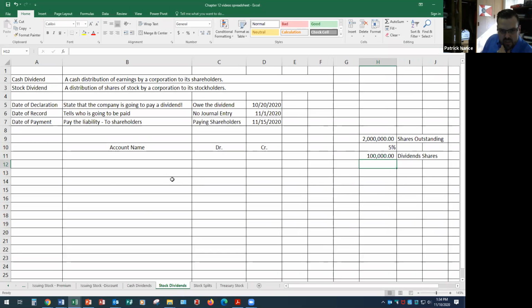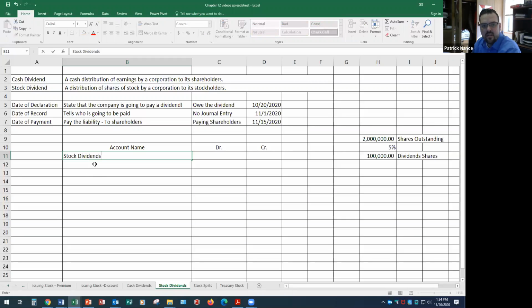So how we record this at the date of declaration is we have a stock dividend, similar to what we had with our cash dividend. And the other important part here is that the share price at the date of declaration was $31 per share. Now, just like earlier when we looked at issuing stock, we record the stock itself in common stock.